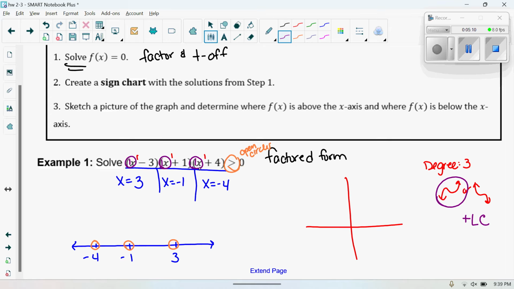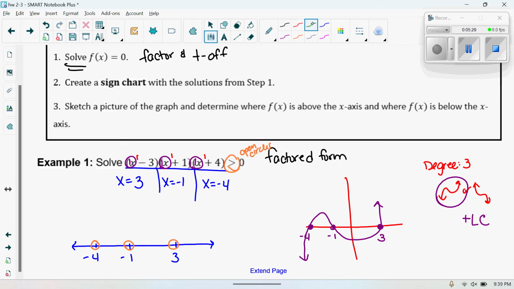My zeros are at -4, -1, and 3. All of them have multiplicities of 1, so they all go straight through. So my graph looks something like this. Doesn't need to be perfect.